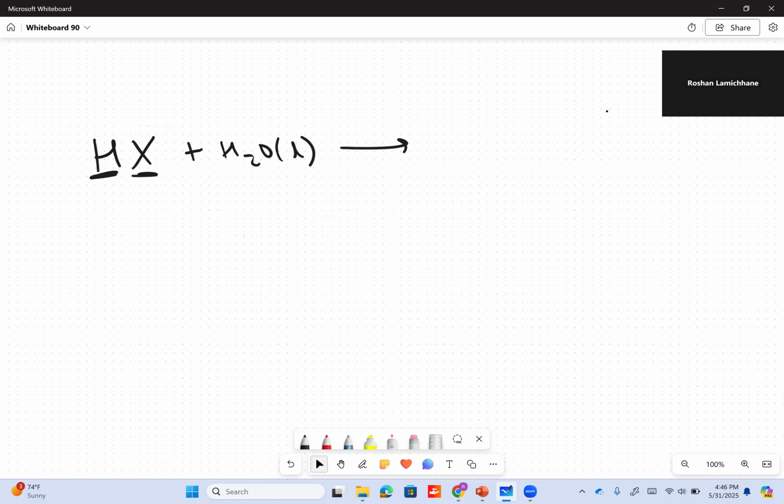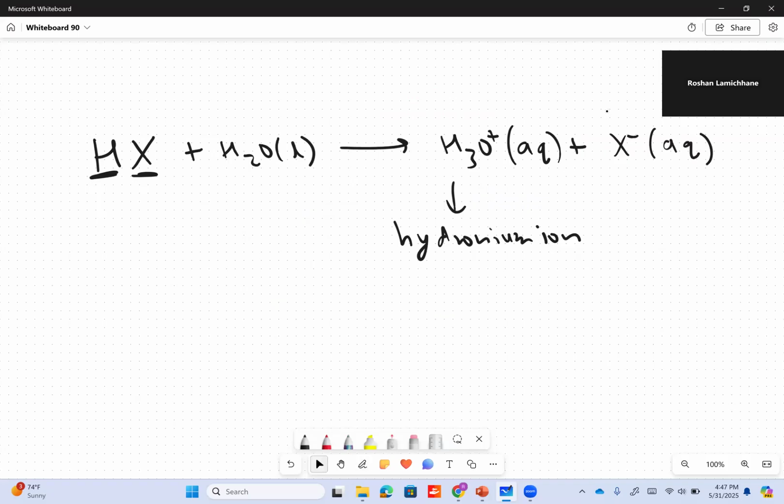The H2O is going to grab that H, giving you this H3O plus, which is called hydronium ion, one of the polyatomic ions you have to be comfortable with. And then whatever is left is my X minus. That comes from here. That's what all the acids do, right? They react with water to form hydronium ion and then the anionic part that's left over from the acid.